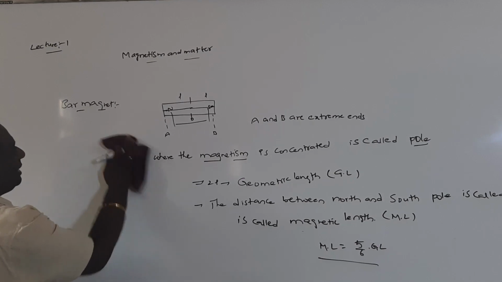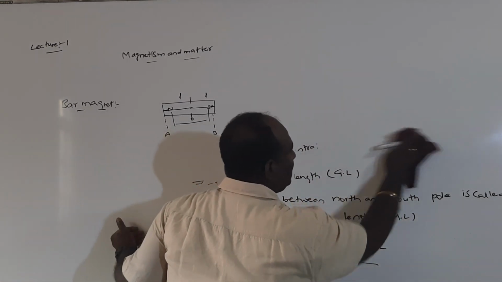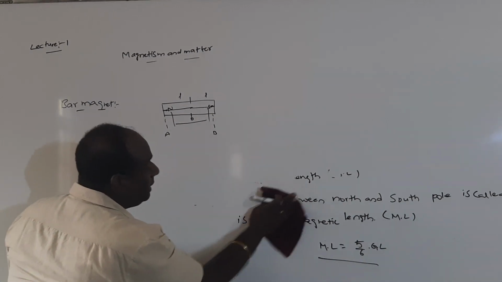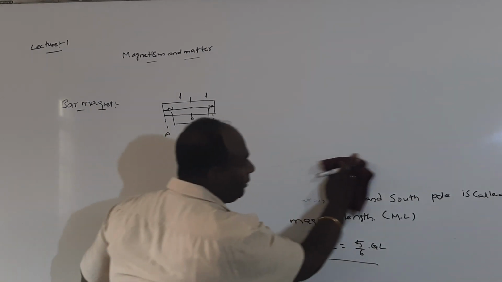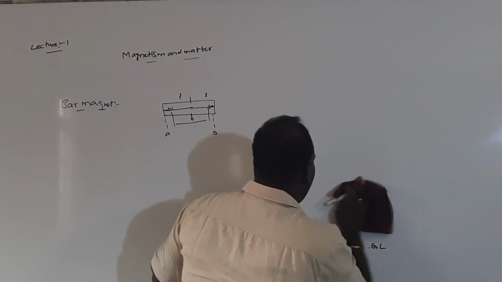Now we are going to consider this bar magnet as a magnetic dipole. What is meant by strength? The repulsive capacity or attractive capacity of a magnet is expressed in terms of pole strength.